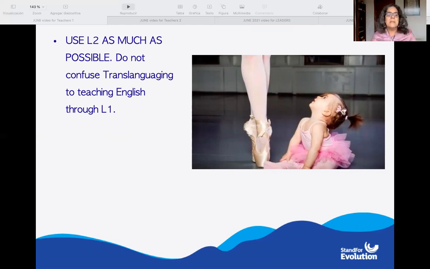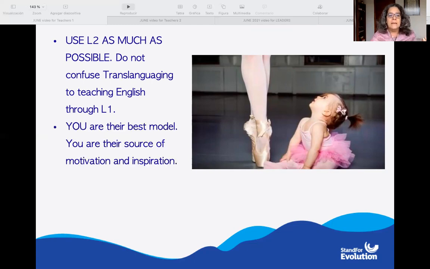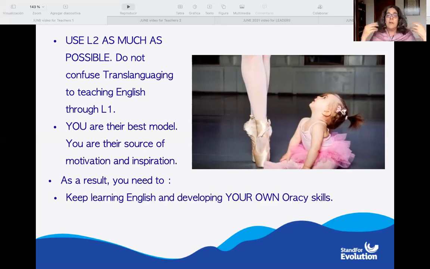So they must be exposed to English as much as possible, because you're the only source for them to look up to. You are the best model they have, and you are right next to them. So it's very important that you become this source of inspiration, and you have a very good English, you are improving your oral English, and you keep on developing.